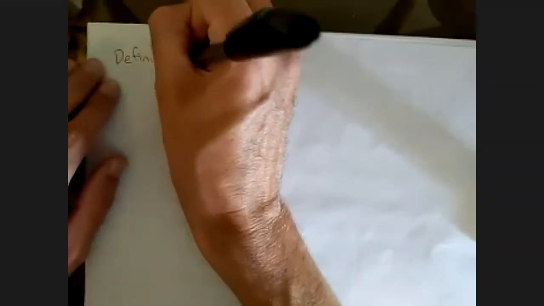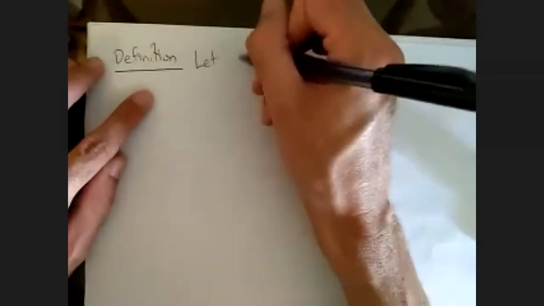Okay. So first, let's define what an irreducible is, just in general. So let's start with an integral domain, just any integral domain.